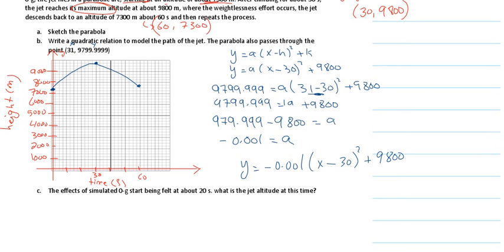Good. So, part C: the effects of simulated zero gravity start being felt at about 20 seconds. What is the jet altitude at this time? What do I know that they're asking me for? I know the time. What do I do with this time that's given to me?